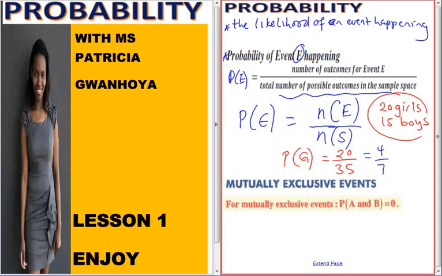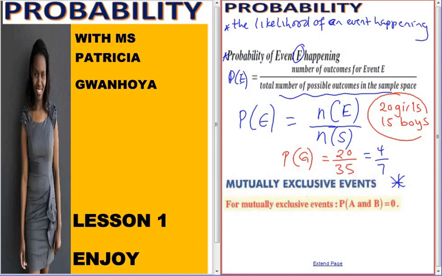Since you already know this, let me just remind you of some of the terminology that we use in probability. Say, for example, I talk of 2 events. We're going to name them A and B, and if we say that the events are mutually exclusive, in other words, those 2 events cannot take place at the same time.